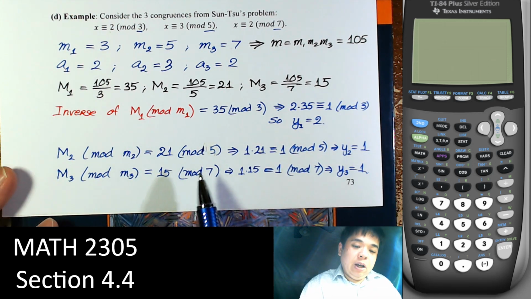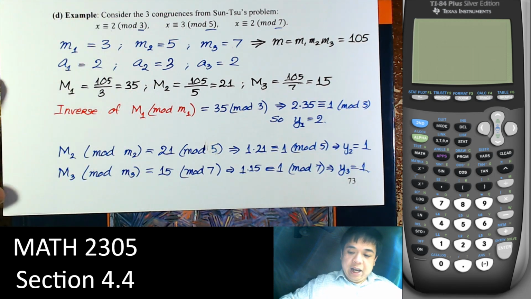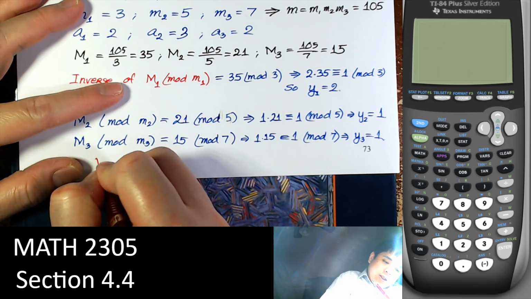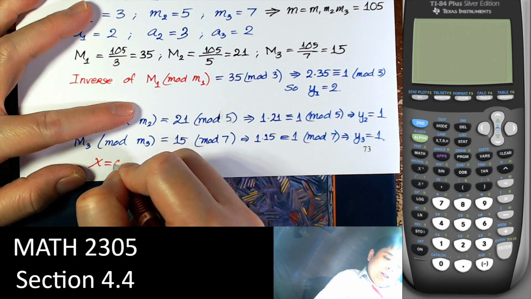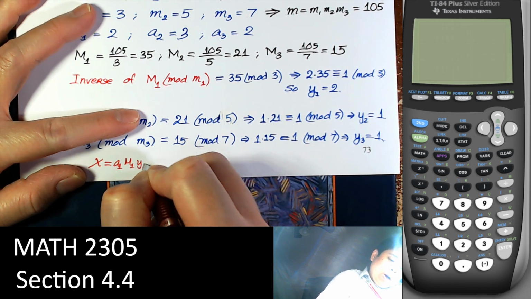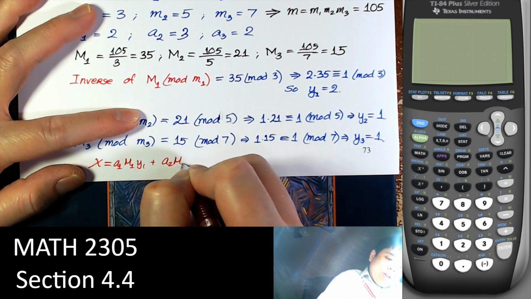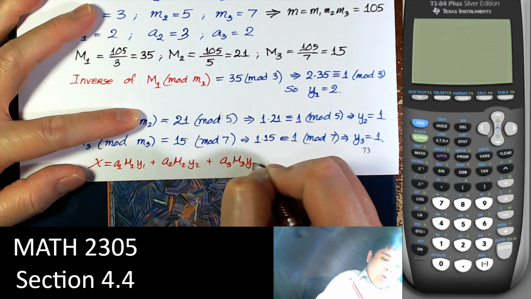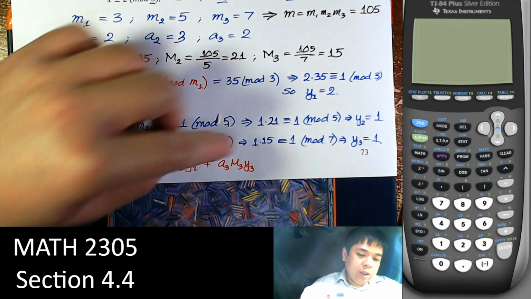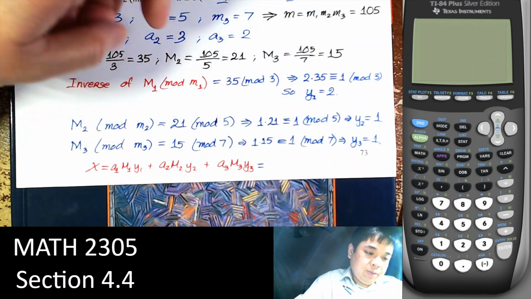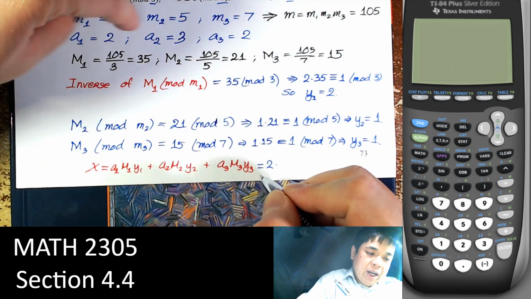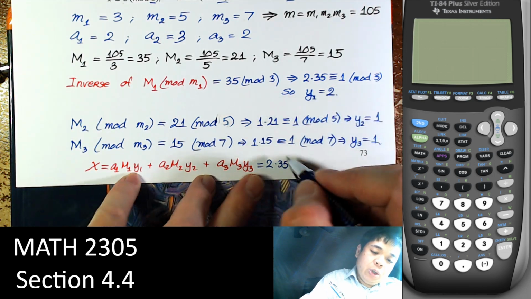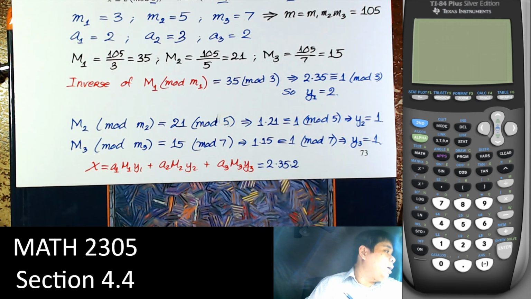So we have y1, y2, y3, and then finally x is equal to a1 M1 y1 plus a2 M2 y2 plus a3 M3 y3. So a1 is 2, big M1 is 35, y1 is 2, right?